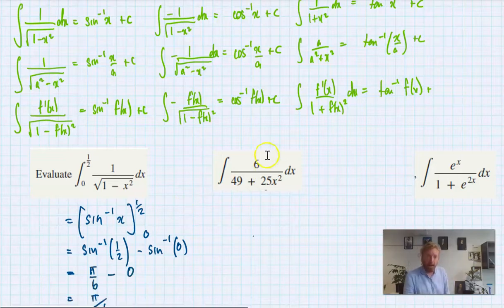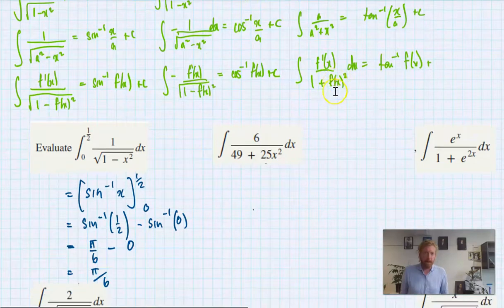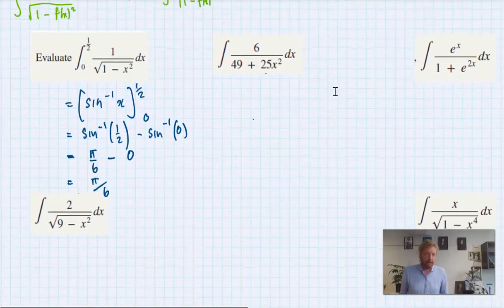Okay, so with this example, it's going to be tan something. There's no square root. I've got something plus something times x squared, and they look like squared things, so it looks like this middle one here. It's a little bit tricky, but it's just like taking numbers out.